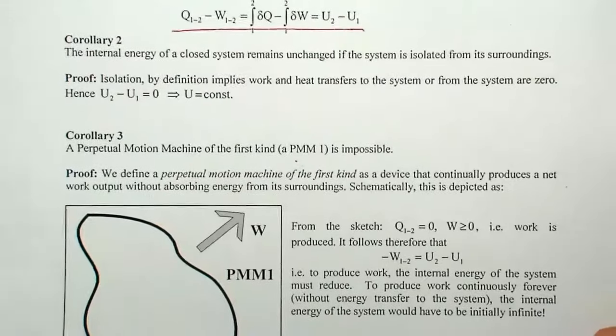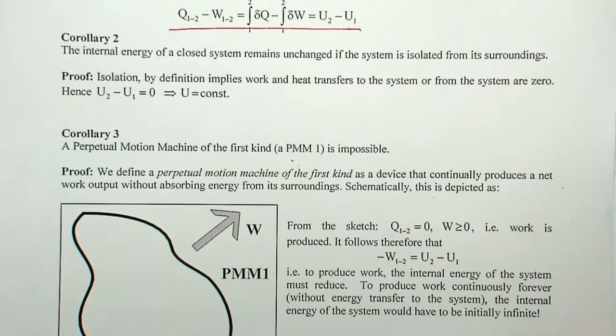Corollary 2 talks about essentially the fact that the net internal energy change will be equal to 0. So what it means is that the internal energy of a closed system remains unchanged if the system is isolated from the surroundings.